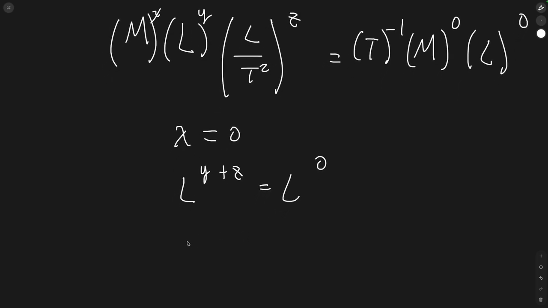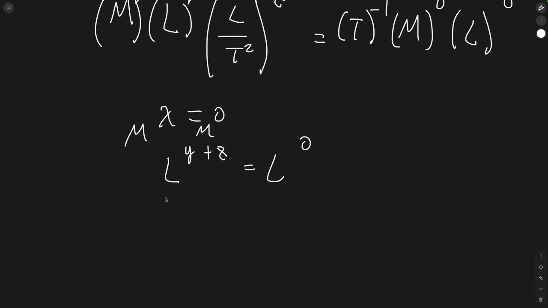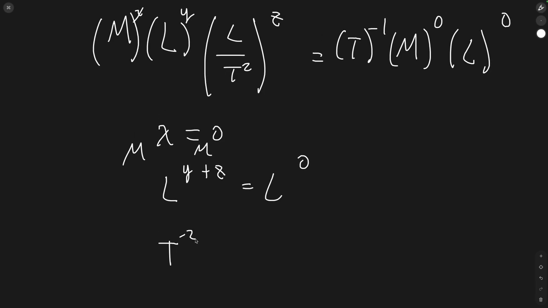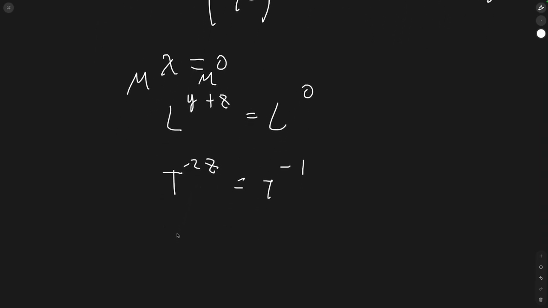And then you can write m to the x equals m to the 0. And then you have t to the minus 2 z equals t to the minus 1, right? So x equals 0, right?